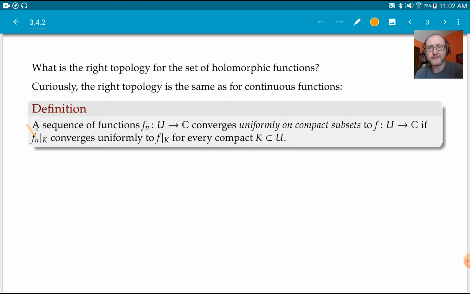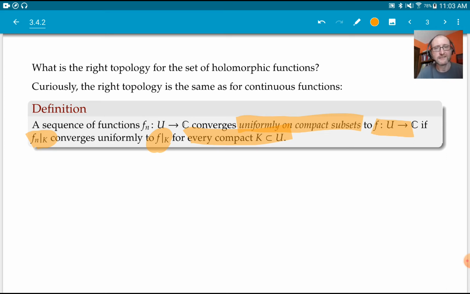Basically, we say that a sequence of functions Fn converges uniformly on compact subsets to some limit whenever for every compact K, right? So given any K that is a compact subset of U, we have that this sequence of functions Fn restricted to K converges uniformly to F restricted to K. So on each K, it's uniform.